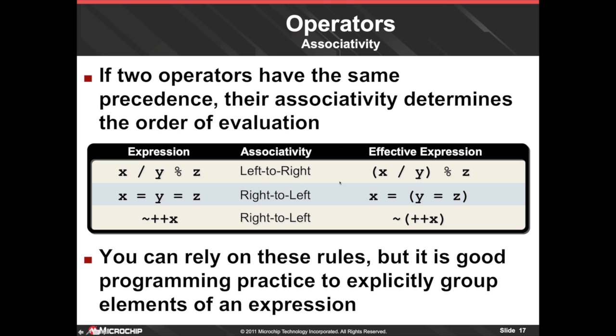So the first one, x divided by y modulus z, would effectively mean that because the division and the modulus are part of the same order of precedence, we would evaluate it from left to right. So x divided by y would be evaluated first, and the result of that would be taken modulus z.